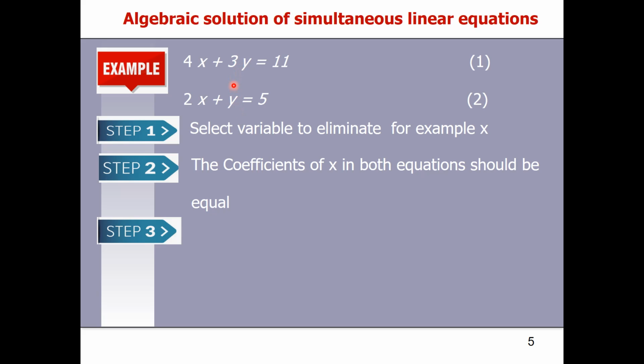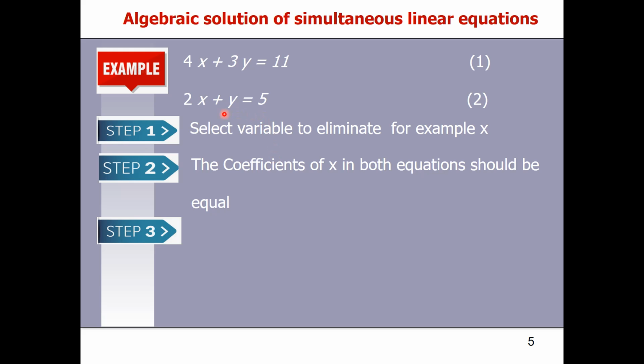So we are looking for the values of x and y which, if substituted in equation 1, make the left side equal to 11. And if the same values of x and y are substituted in equation 2, the left side of this equation will equal 5. This is the meaning of simultaneous solution of linear equations.